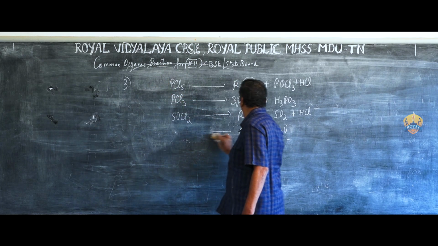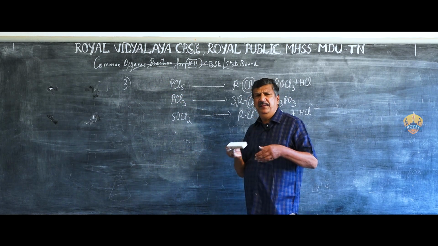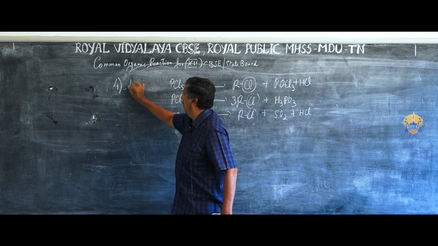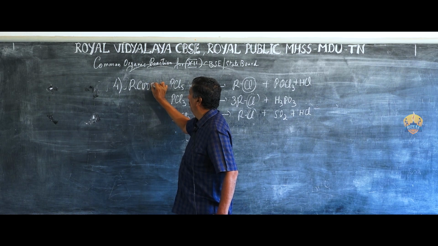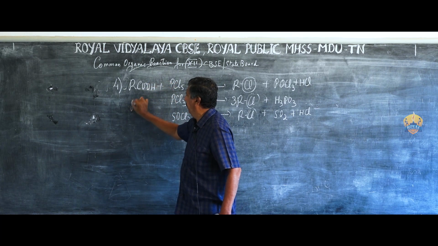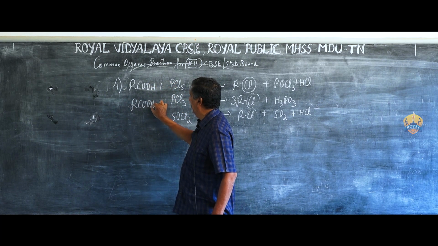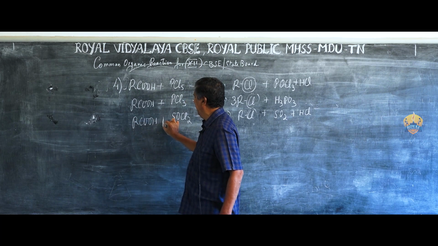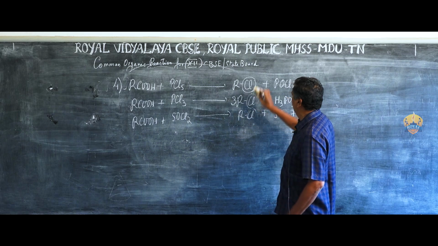Okay, next one, we are going to see acids. We are going to see acids like this: COOH plus PCl5, or COOH plus SOCl2.